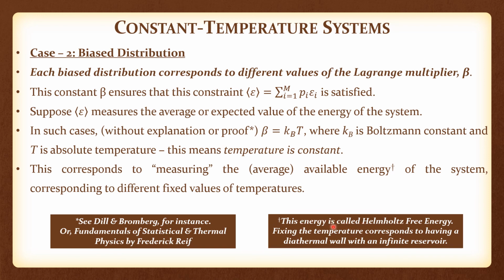So what does this mean, to say I fix a temperature? Going back to our original examples of the boundaries, fixing the temperature corresponds to having a diathermal wall with an infinite reservoir, so that even if it supplies some energy to the system, or takes some energy from the system, its temperature is not going to change, and this system is in equilibrium with the infinite reservoir.